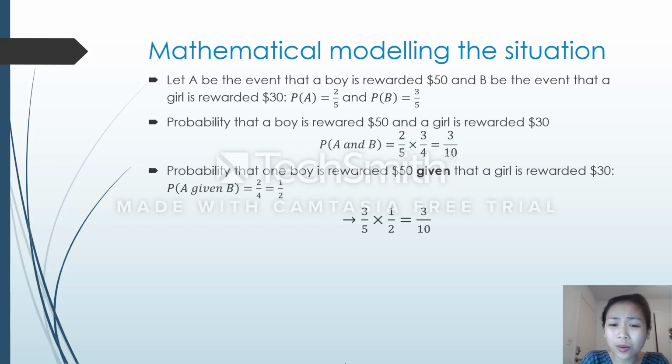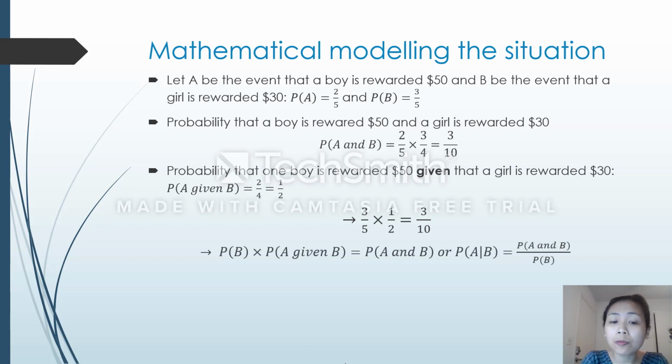So our conjecture is that probability of A given B times probability of B is probability of A and B, because probability of B here is 3/5, probability of A given B is 1/2, and probability of A and B is 3/10. So that is the relation, our conjecture.